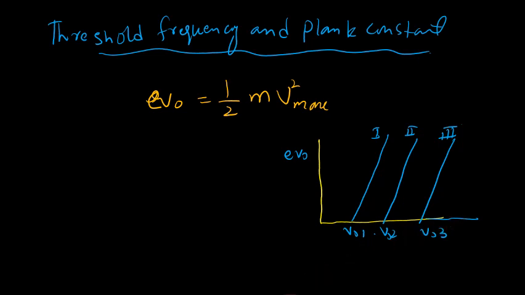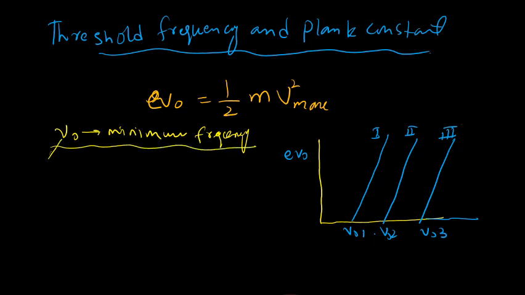Here mu naught is the minimum frequency for any metal, that is, the minimum frequency that can cause the emission of photoelectrons with zero kinetic energy from the surface, below which no emission occurs.